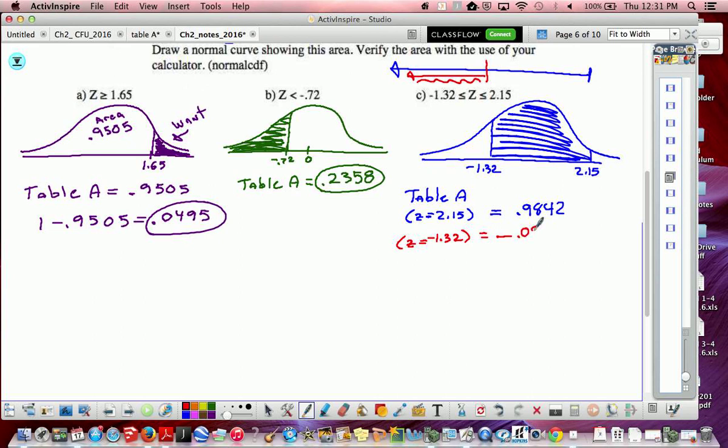So 0.0934. So now I need to subtract the two. 0.8908. So when you have a betweener and you want to use the table, you subtract the two values from table A.